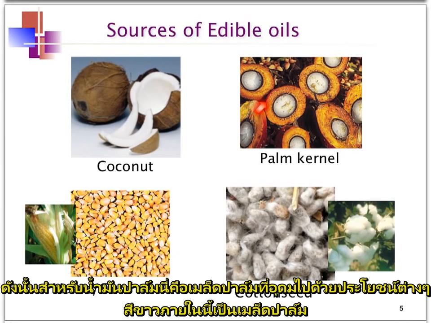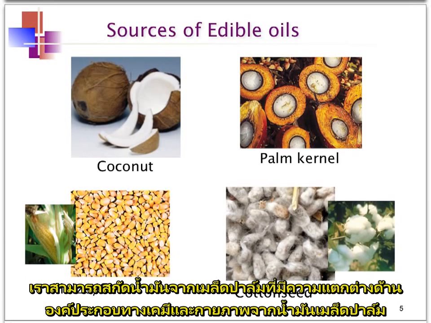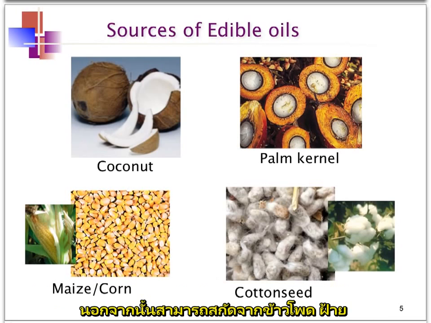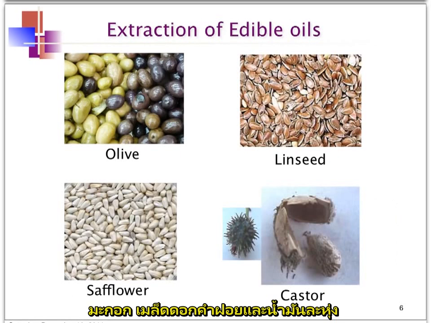The red, orange flesh outside is where we can get the crude palm oil, and the white flesh inside is actually the palm kernel, and we can extract the palm kernel oil, which has a different physical and chemical composition from the palm oil. Then oil also can be extracted from corn, from cotton seed, from olive, linseed, sunflower, safflower, and from castor oil.